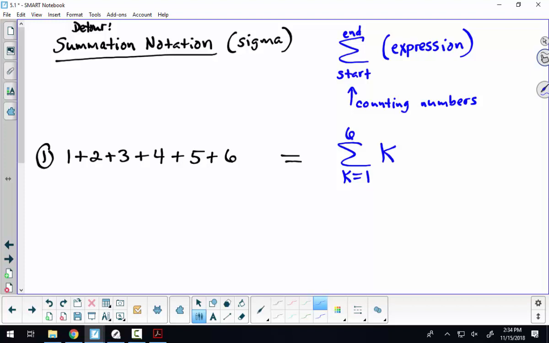So we start off with k equals 1, plug that in, get this 1, and then when the index or the counting number changes to 2, we have an addition in between, which is what the sigma is telling us. So here's k equals 1, k equals 2, k equals 3, 4, 5, and 6, and we stop at 6.